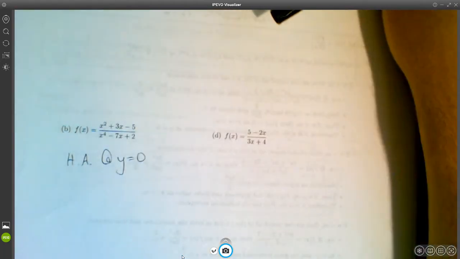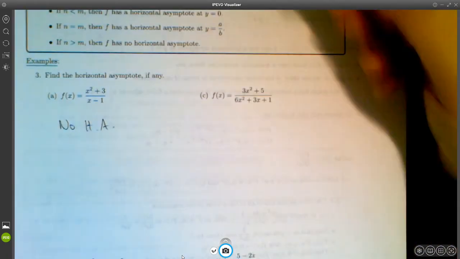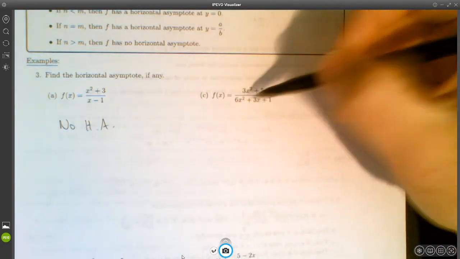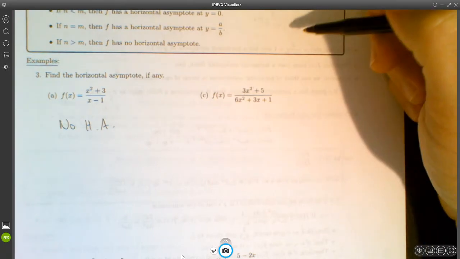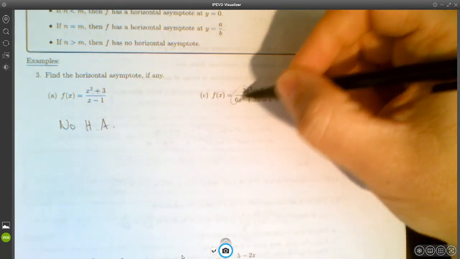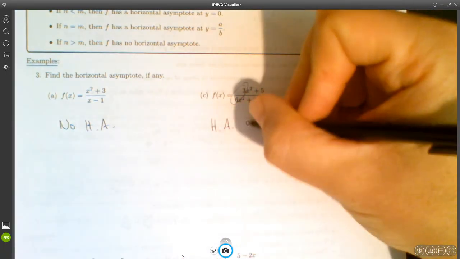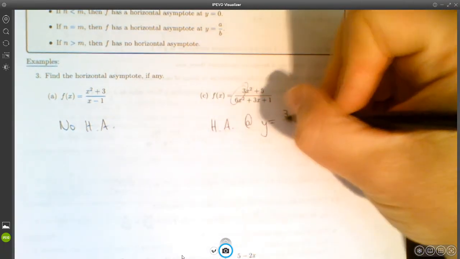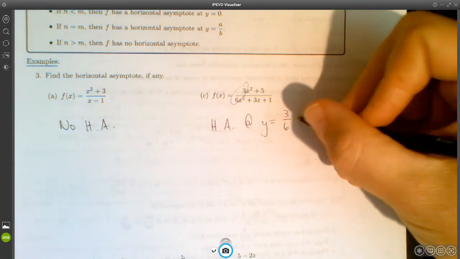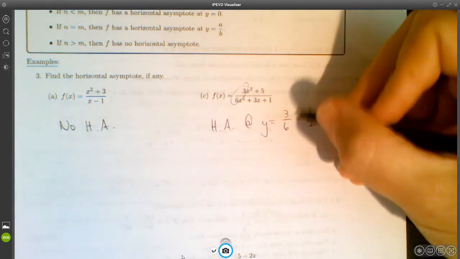Okay. Looking at part C, the degrees of the numerator and denominator are the same. That tells me there's a horizontal asymptote at the ratio of the leading coefficients. And by the way, 3 over 6 reduces to 1/2. So there's a horizontal asymptote at 1/2.